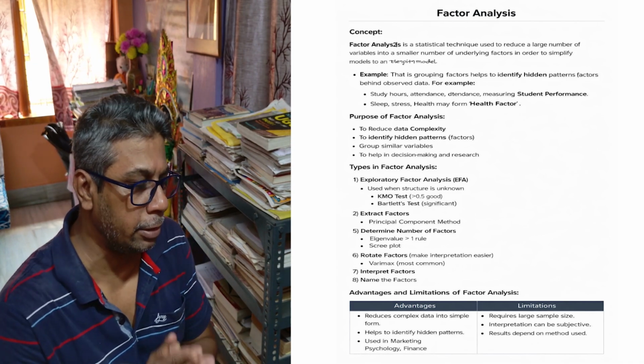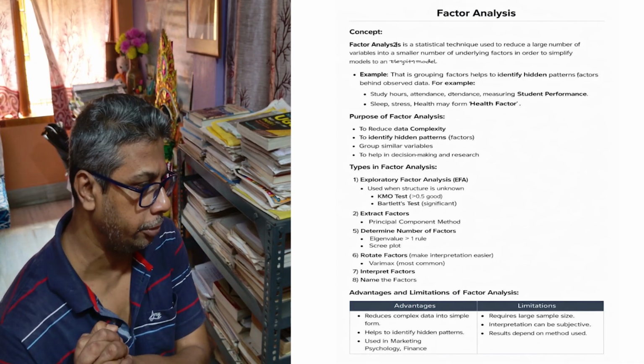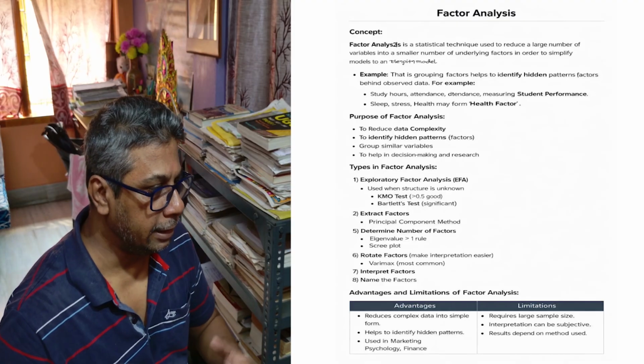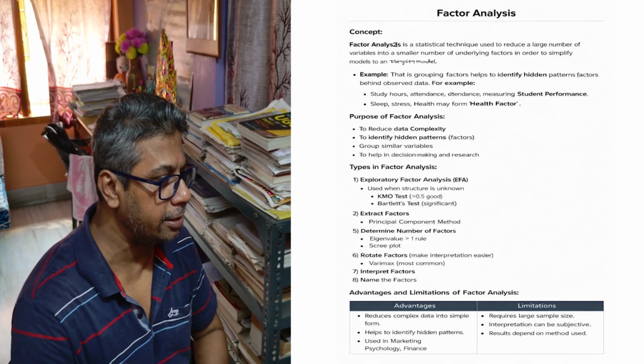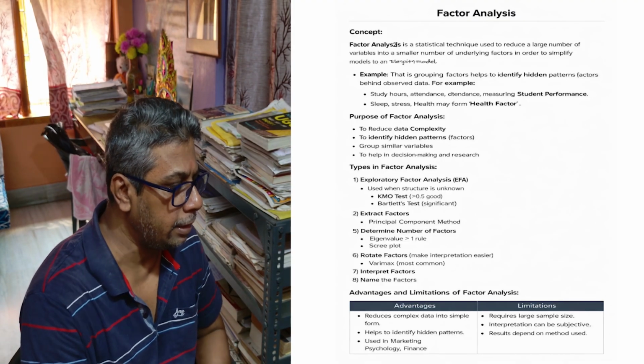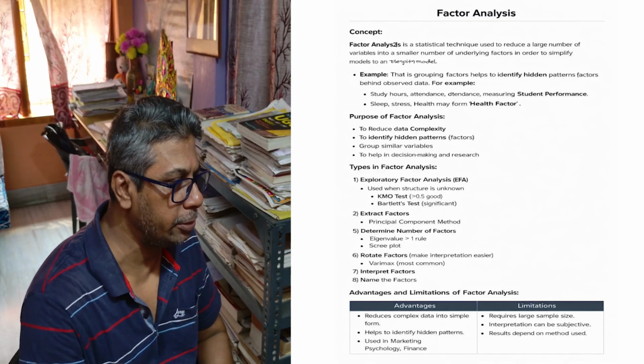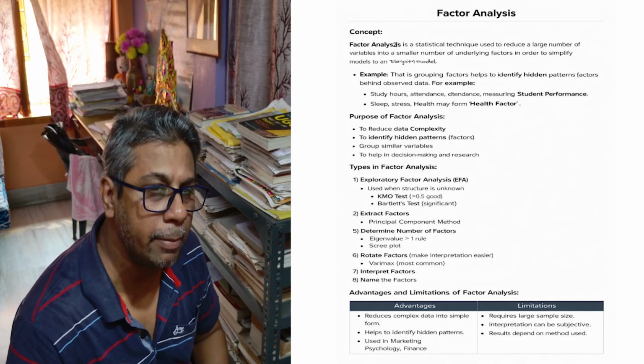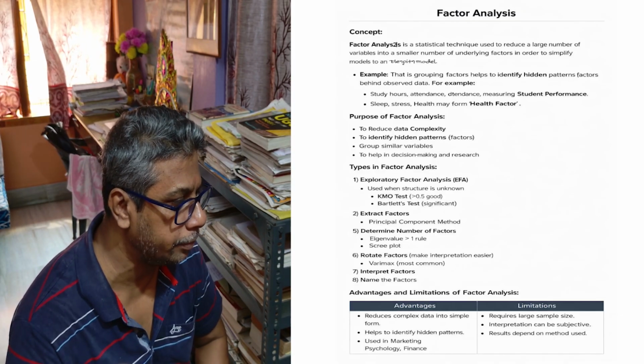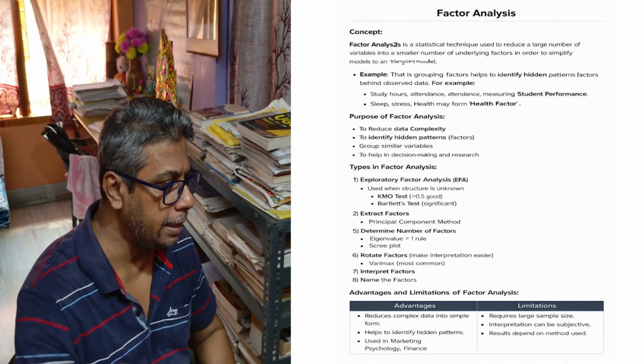For extraction of factors, the principal component method is used. To determine the number of factors, eigenvalues and scree plot are used. To rotate factors, under this section varimax is the most common type. Then interpret the factors and name them.